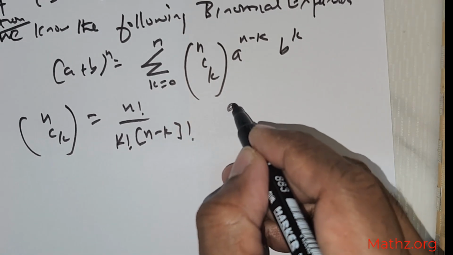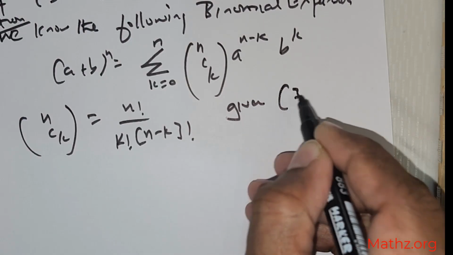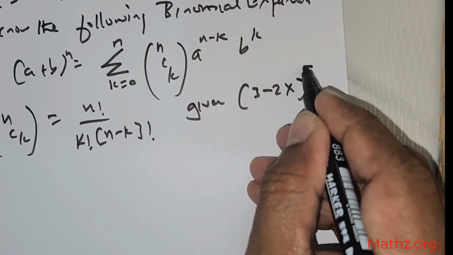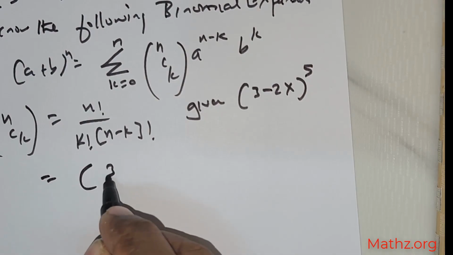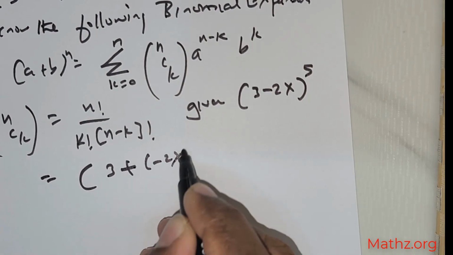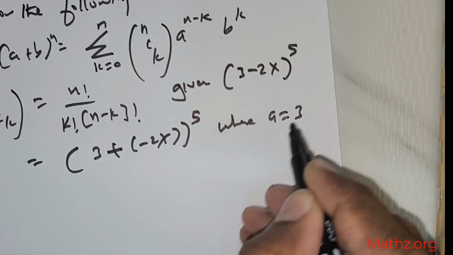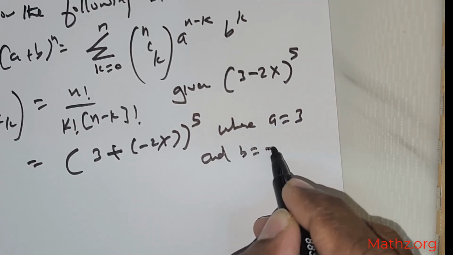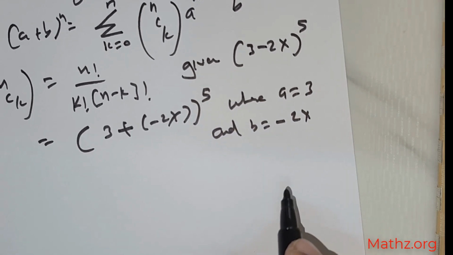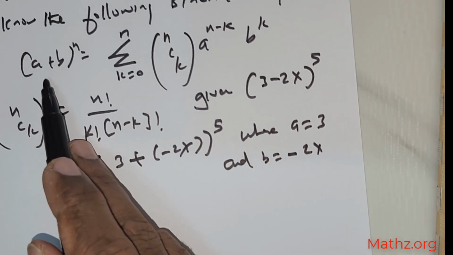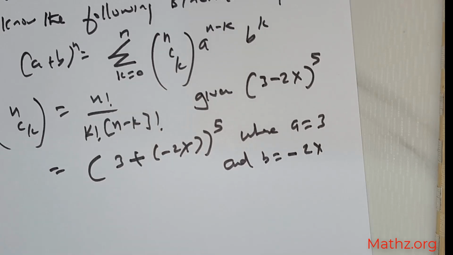and given, what is that? We're given (3 − 2x) raised to the power of 5. I'm going to rewrite it as (3 + (−2x)) raised to the power of 5, where a is equal to 3 and b is equal to −2x, so that we can have this form. That's the basic idea.